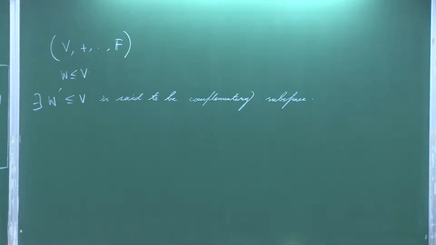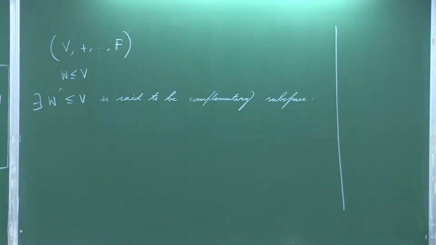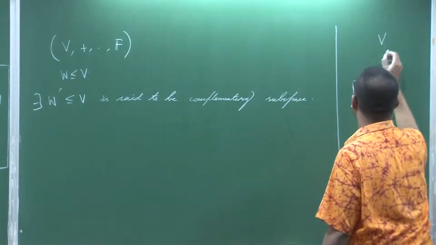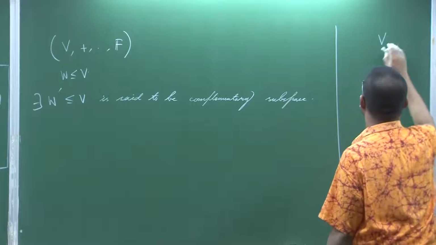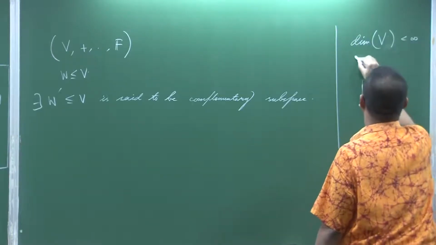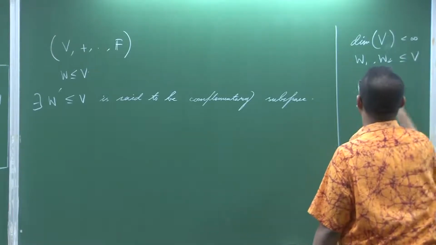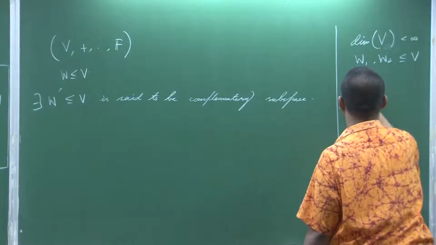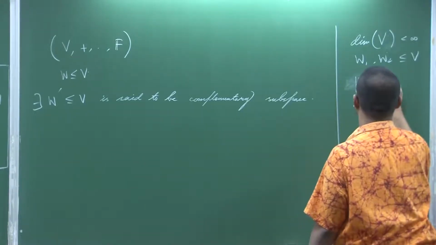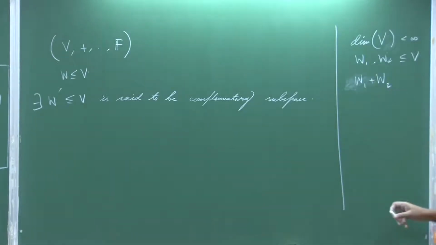Let us go back to something which we have proved a few lectures back. In any vector space V, let us assume finite dimensional, if W1 and W2 are subspaces of V, then we have first shown that W1 plus W2 is the smallest subspace that contains W1 and W2.